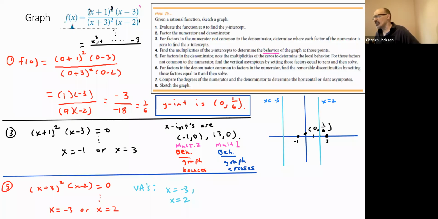But what really matters are the leading terms. Well, something similar is going to happen downstairs. There's going to be a second degree term and a first degree term and then a constant. And it's clear that the degree of the top is 3 and the degree of the bottom is 3.